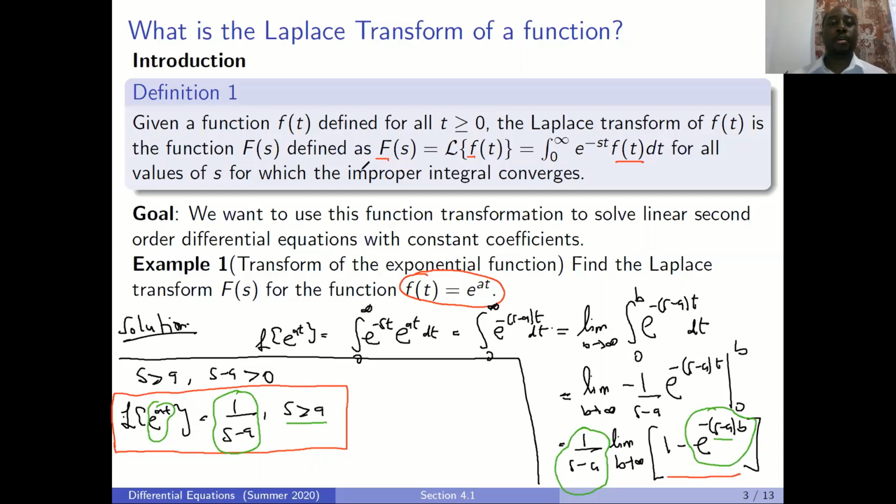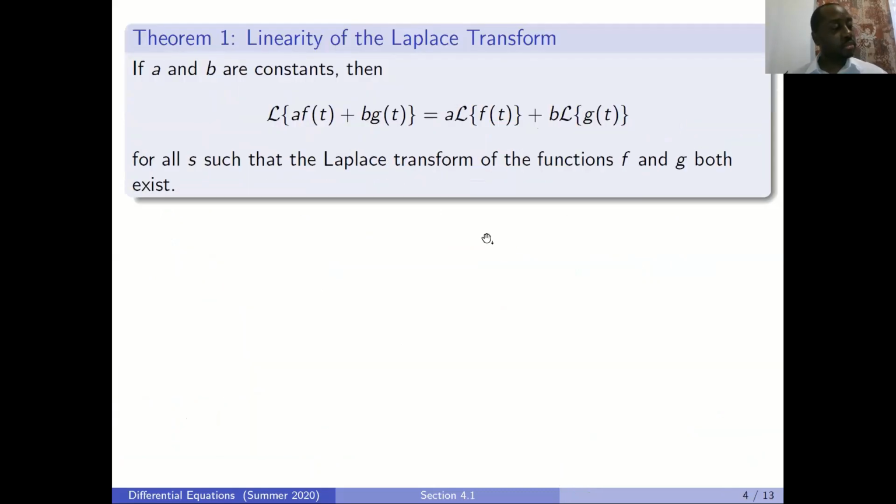Okay. All right. Now, there's a very important property of Laplace transforms which we want to look at. This is called the linearity of the transform, and it's based on the fact that the Laplace transform is really an improper integral, and because integrals are linear operations, the Laplace transform of a constant times a function plus a constant times another function is just a constant times the transform of the first function plus the constant times the transform of the second function.